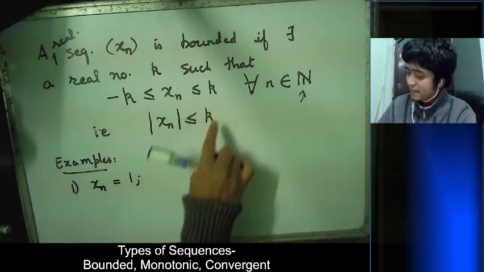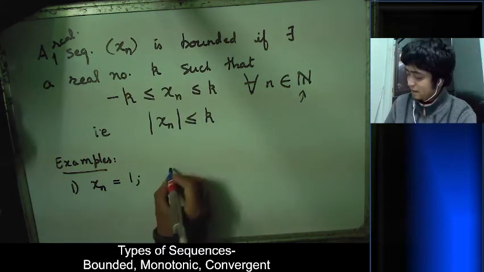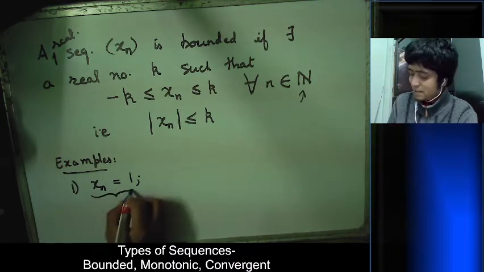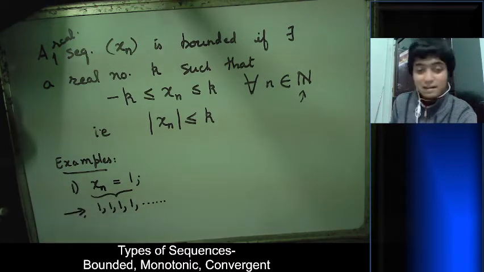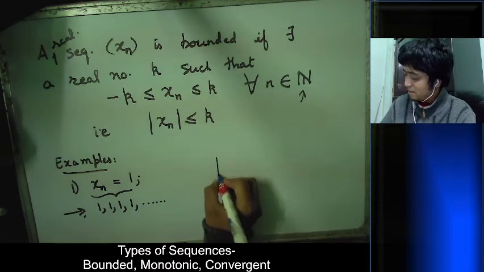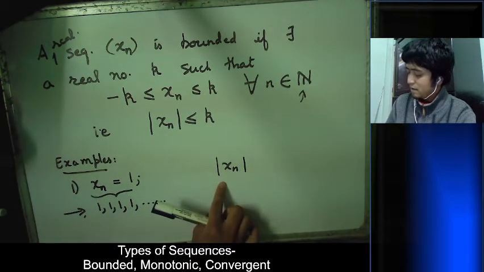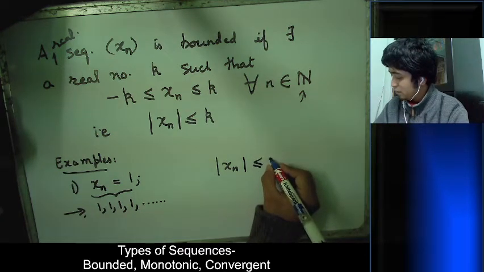We just need to find a k such that the modulus of xn is less than or equal to k. If you remember, this sequence can be written as 1, 1, 1, 1. If you expand this sequence, you can write it like this. So for all the terms of the sequence, if you take the modulus, it will be less than or equal to 1.